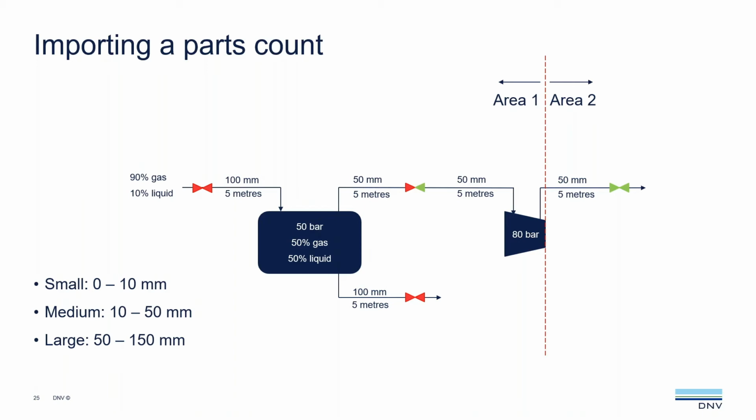Within this example, we're going to model leak frequencies for small, medium, and large hole size categories, and those categories represent the hole size ranges that you can see at the bottom left of the screen.